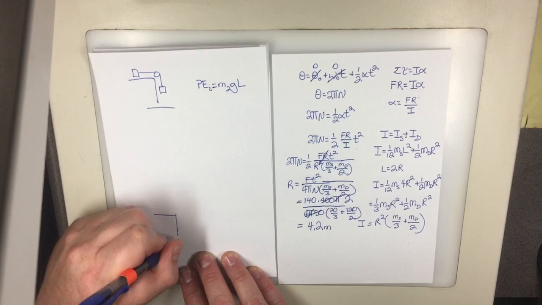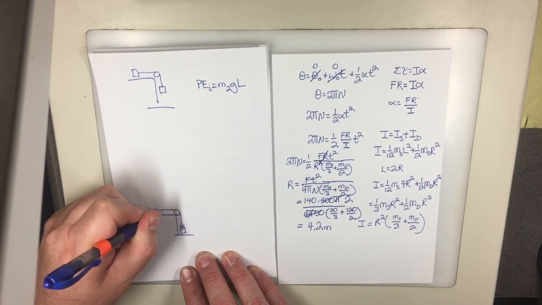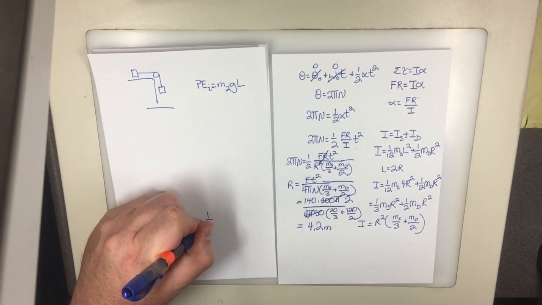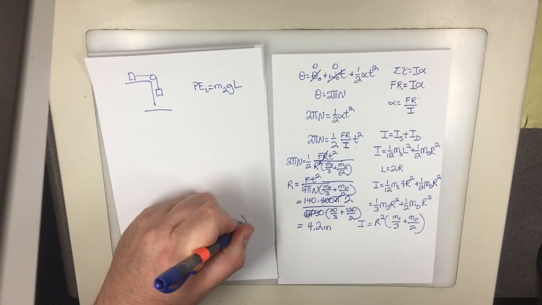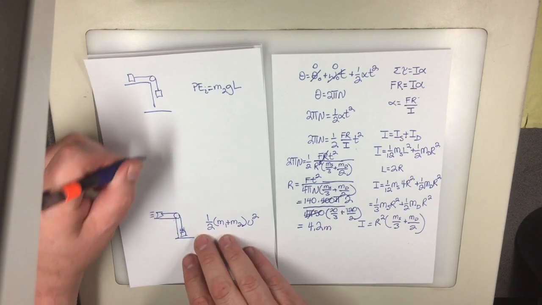Its final kinetic energy has no potential energy. So this is 1/2 M1 plus M2 V squared. V final was given, that's V. L is given. The ratio of M2 and M1 are given. All I have to do is find mu sub k.